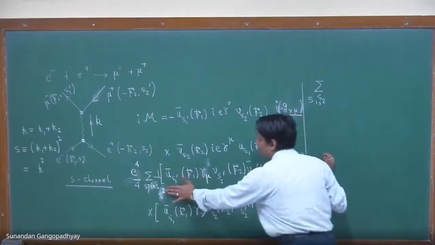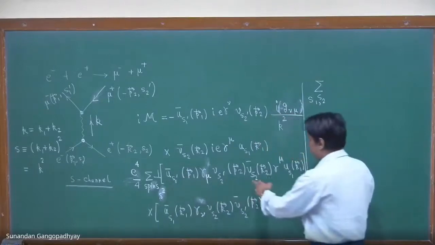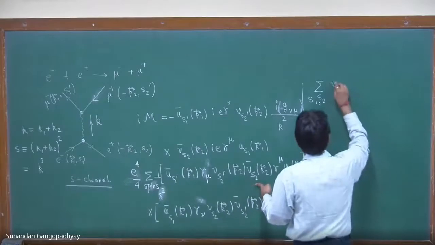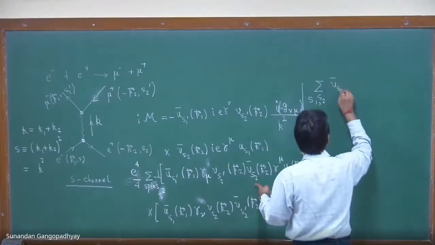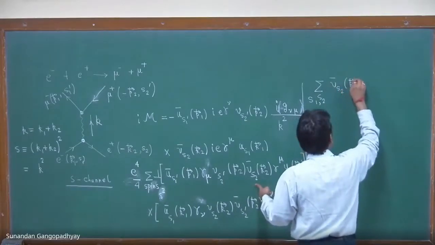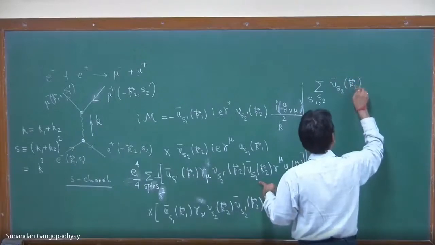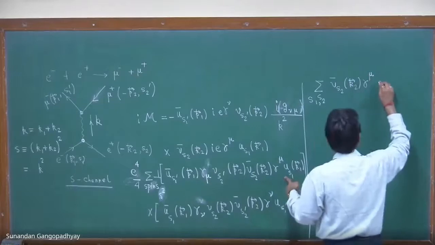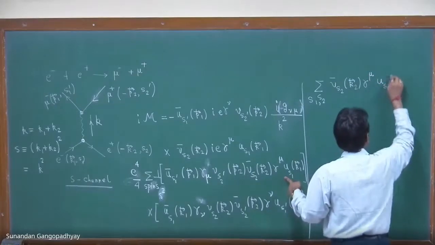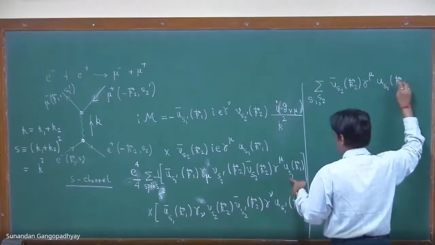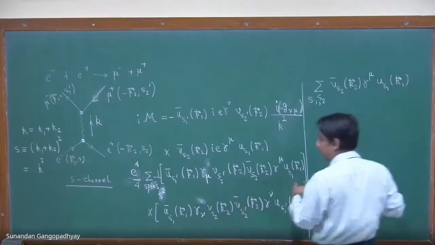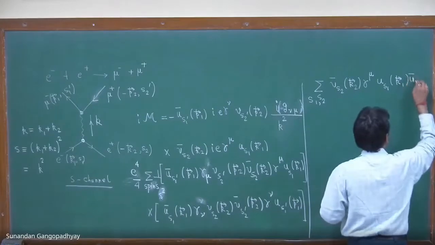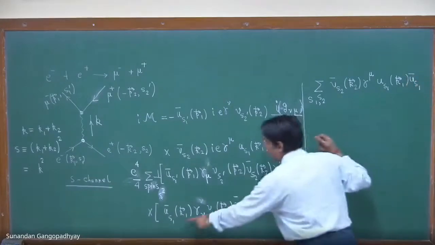This will not be there in the summation. So the only term which has S2 now is this, which starts from here. So let us write it down. v bar S2 k2 gamma mu u S1 k1, then you have u bar S1 k1.